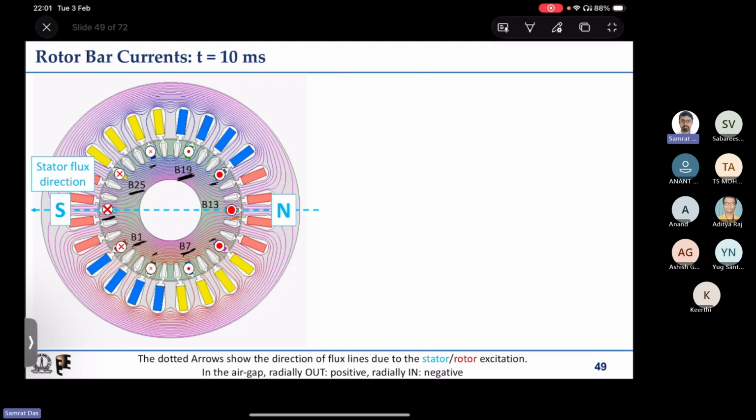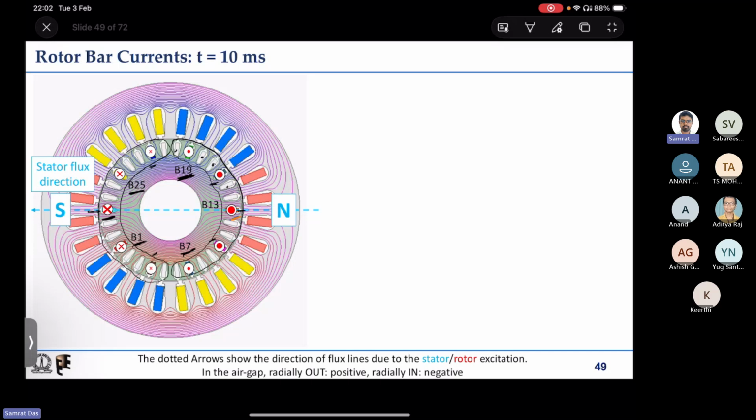You can see that at this instant, all these bars on one side will have dot polarity current of some magnitude, and all the left hand side ones will have current of cross polarity, while maximum current is at 0 degree and negative maximum current at 180 degree. That is the current distribution that we can understand for this case.